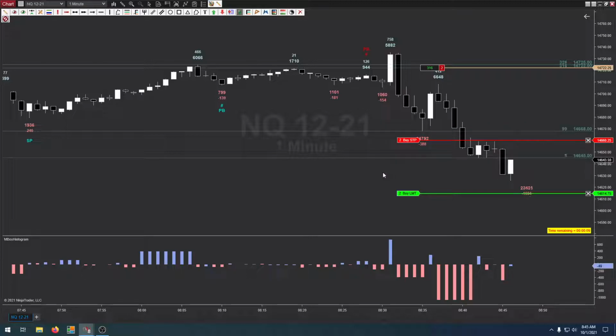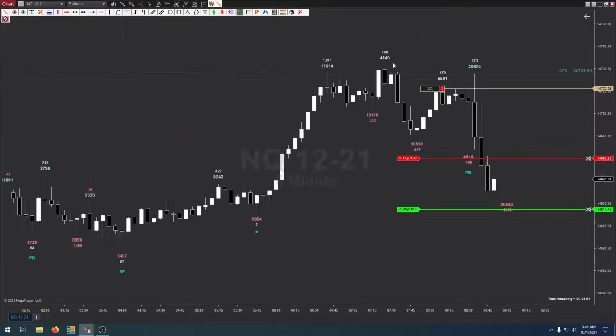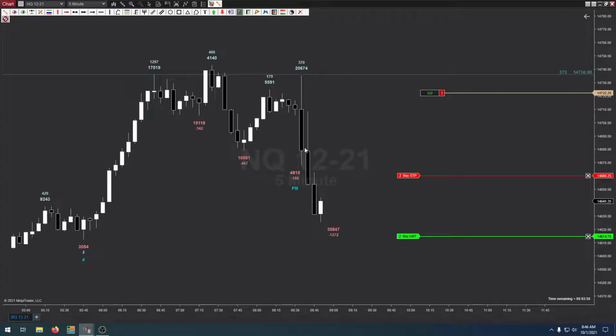Anything above that, I want to protect. So 5 minute. We may go up after a new swing high too, so I have to be aware of that. 5 minute, each candle is closing below the low of the prior candle. As long as that continues to happen, we'll keep getting lower.